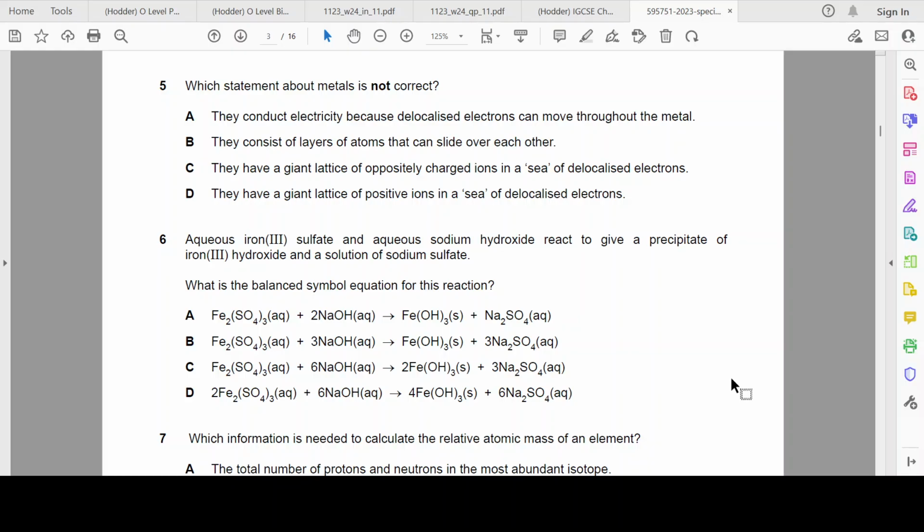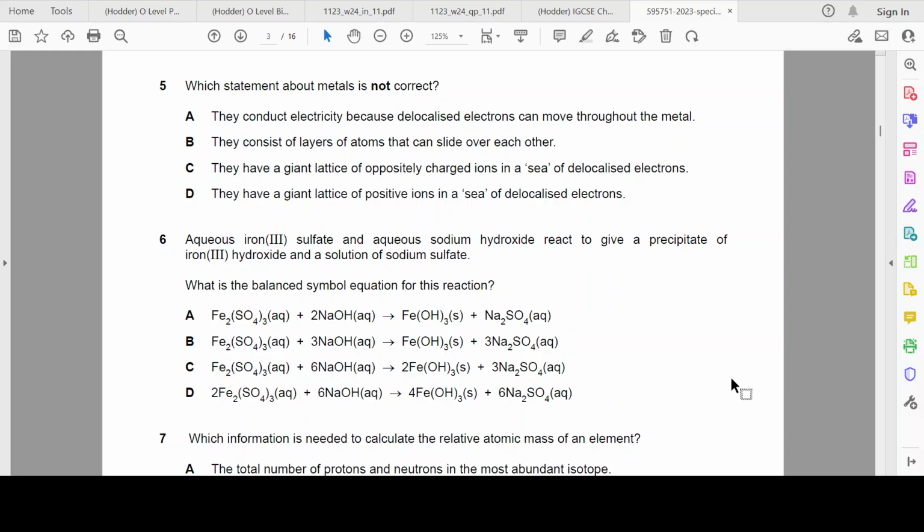It's true. They conduct electricity because they have delocalized electrons. Remember metallic bonding, so you need to revisit metallic bonding. You've got metallic atoms with delocalized valence electrons, and those delocalized electrons are what help it conduct electricity.